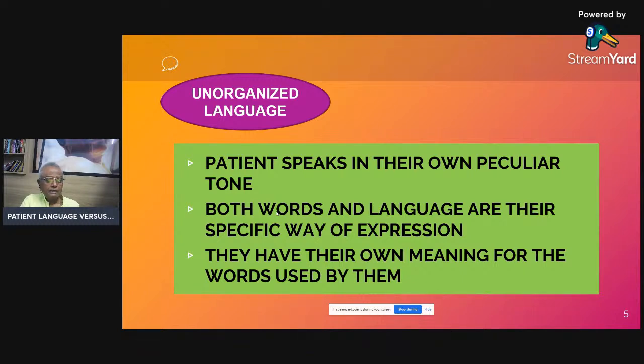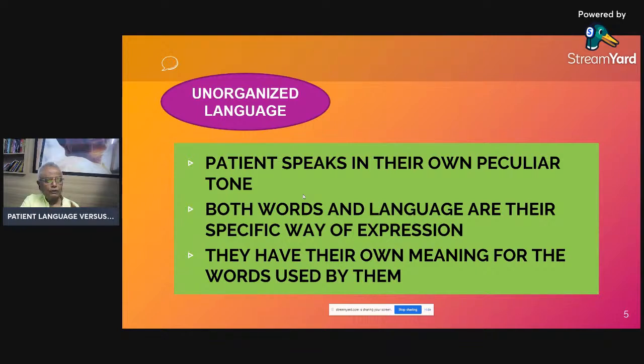For this, suppose I was talking to a patient who is Gujarati, and I asked him what he likes most. He said, sir, I like sweets very much. Then I asked what type of sweets. He said, sir, it is samosa. I said, samosas are not sweet, samosas are salty.